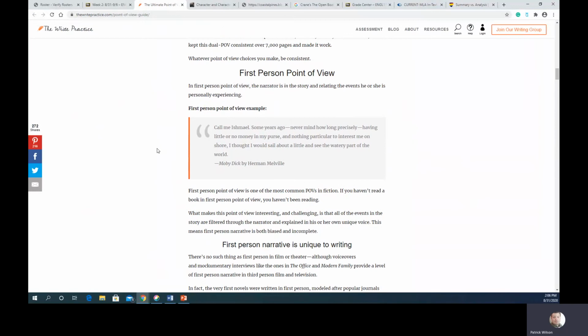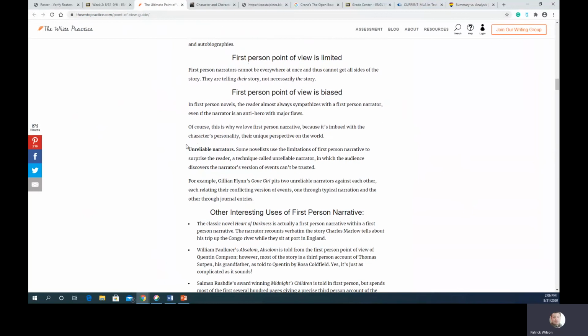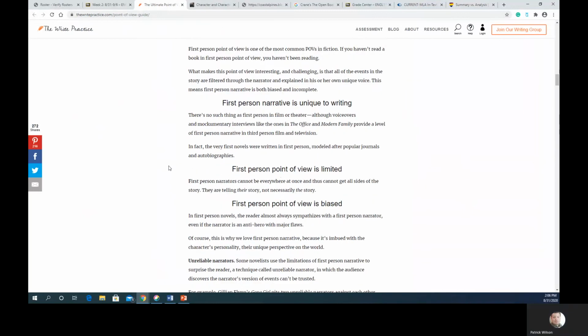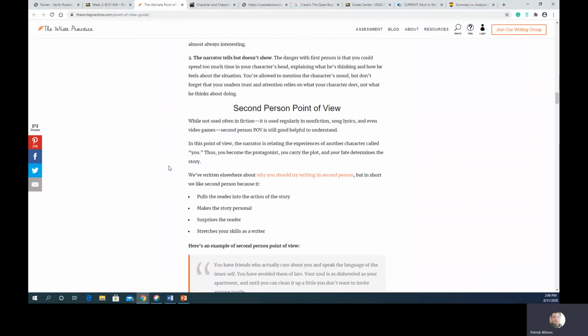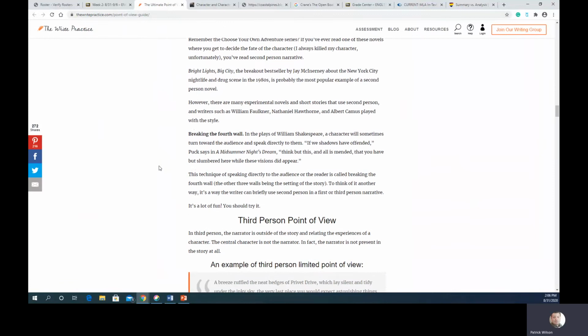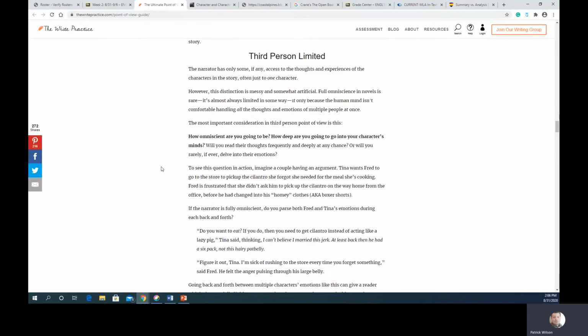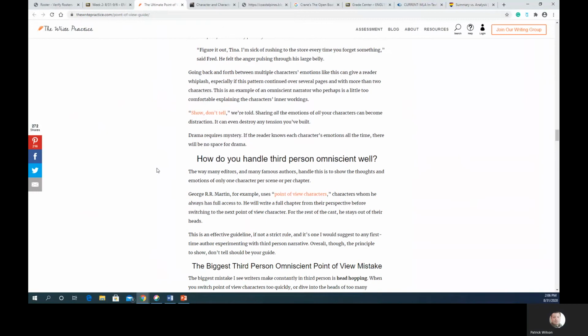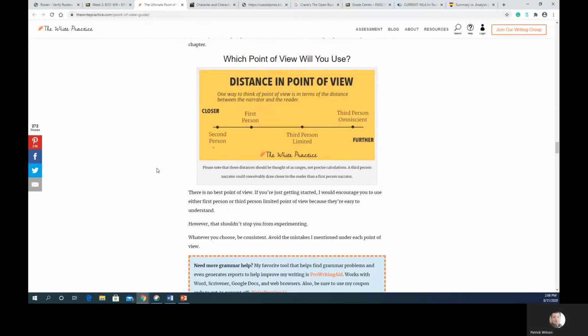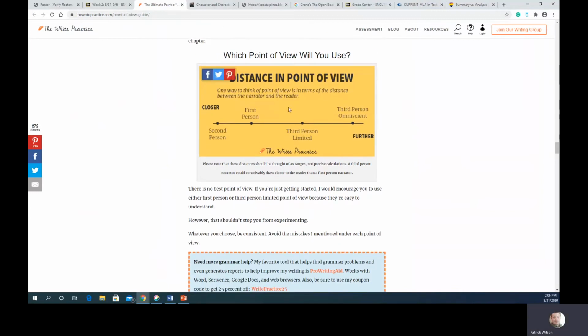Now, when it comes to narration and fiction, you're going to see the difference. You're going to see a lot in first, and you're going to see a good bit in third. So you just want to keep in mind the four major ones that we just looked at in that particular diagram. This is another sort of a distance in point of view.